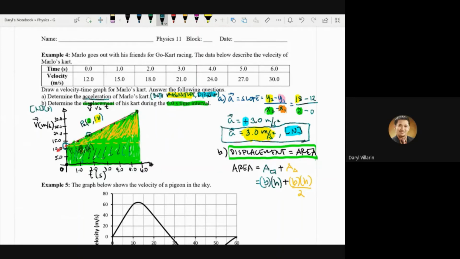If you can see, both bases are 6 seconds. For the first one, this is the height, that is 12 meters per second. Sorry, I said 10, that should be 12. And for the triangle, that should be 18, right? So the height of the triangle is 18 meters per second.